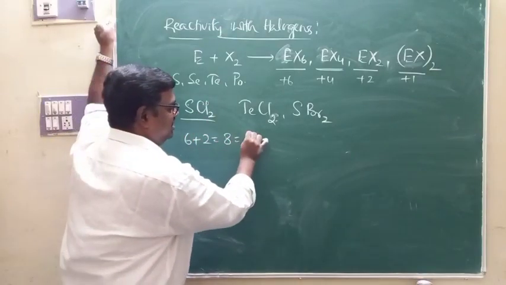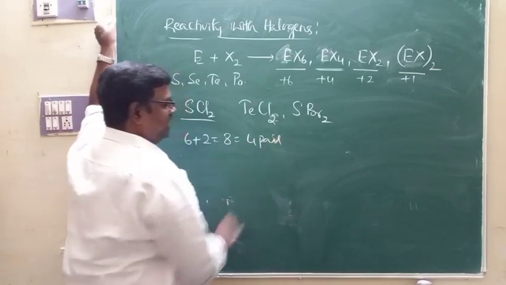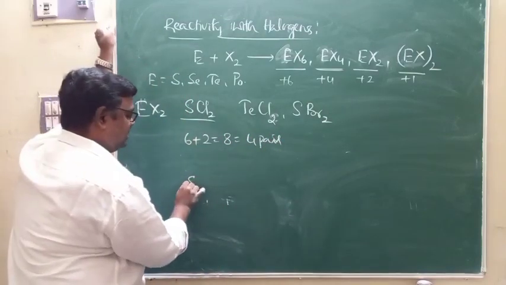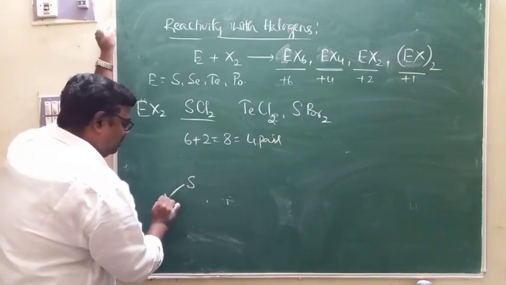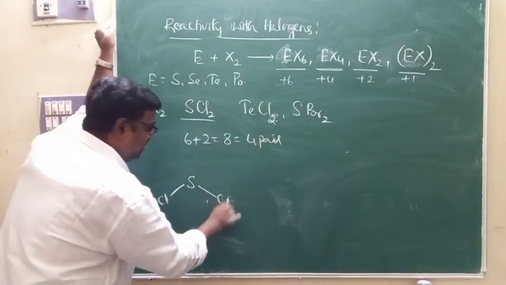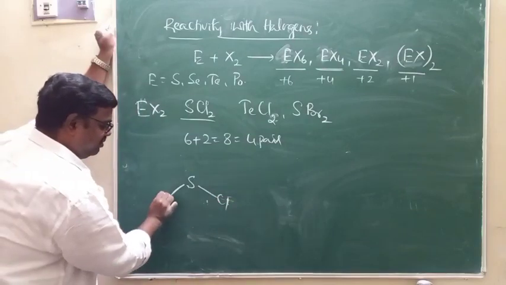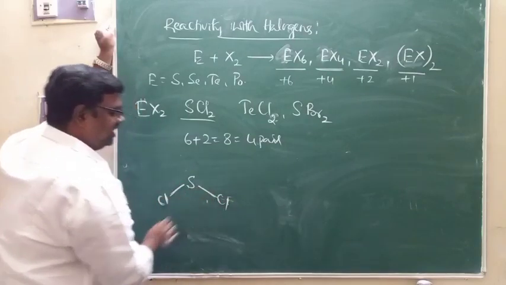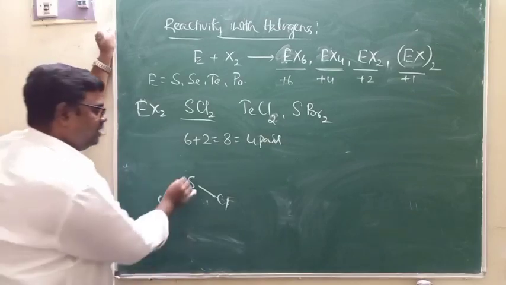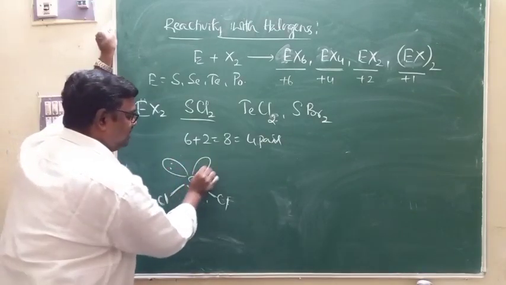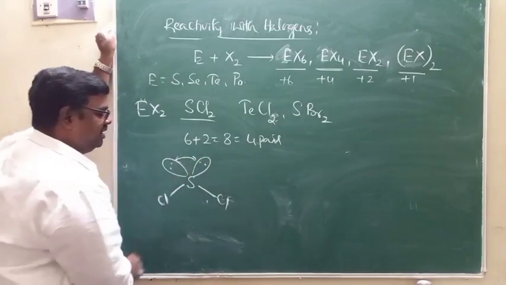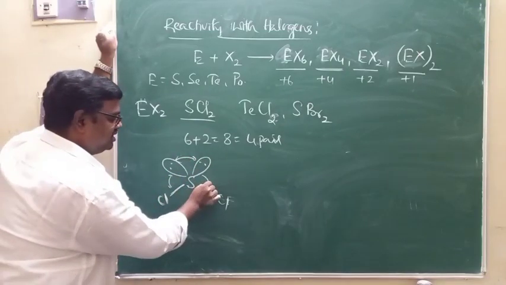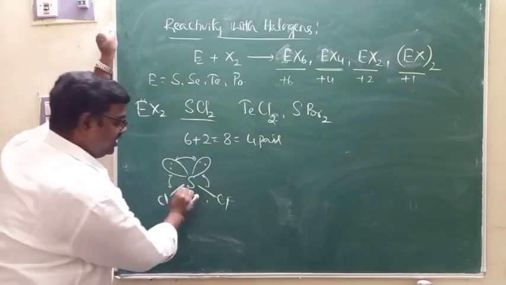ಟೋಟಲ್ 8 ಆಯ್ತು. ಅಂದ್ರೆ 4 pairs. 4 pairs ಅಂದ್ರೆ Cl2 ಇರೋದ್ರಿಂದ, out of 4 pairs, 2 pairs will be used for bonding. That is, 4 pairs ಅಲ್ಲಿ 2 pairs bond pair ಆಯ್ತು. Remaining 2 pairs will be lone pair. And of course, due to the lone pair repulsion, lone pair bond pair repulsion, ಏನಾಗುತ್ತೆ? Bond angle decreases.